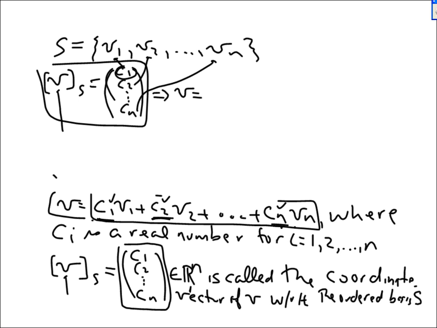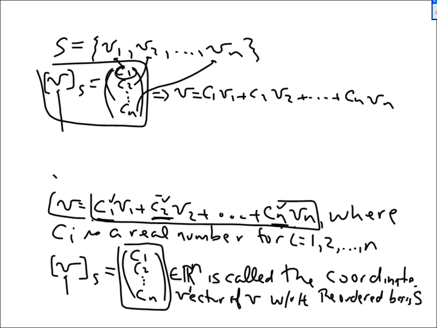You might want to think of it as a dot product: c1 v1 plus c2 v2 up to cn vn.